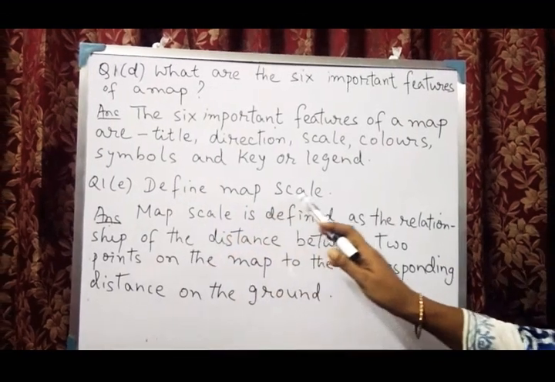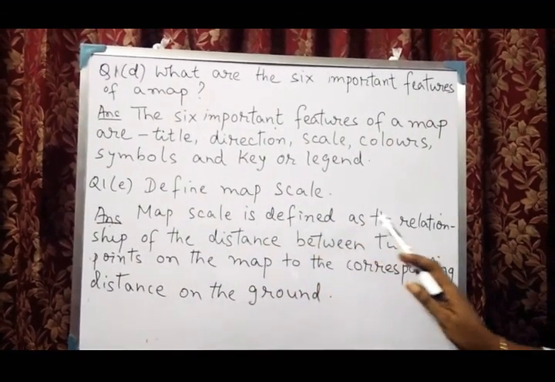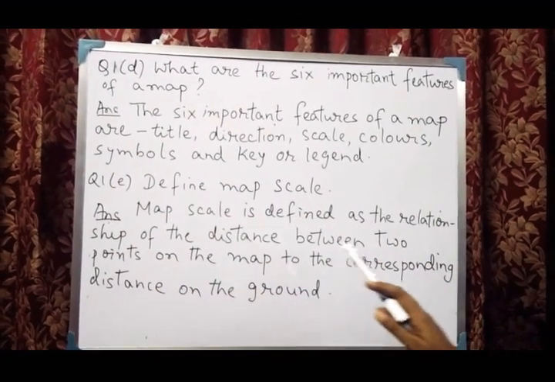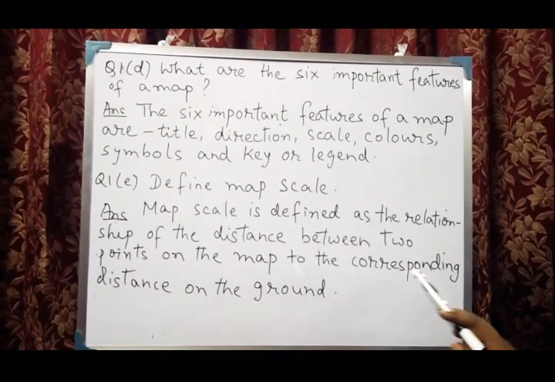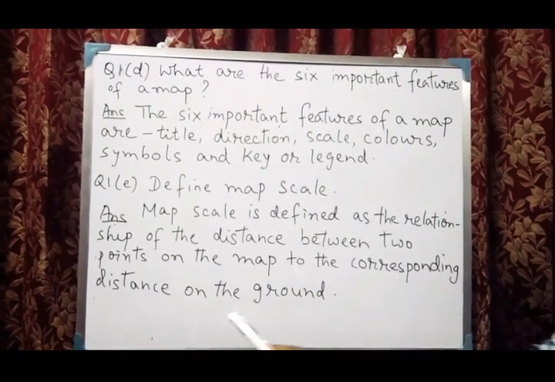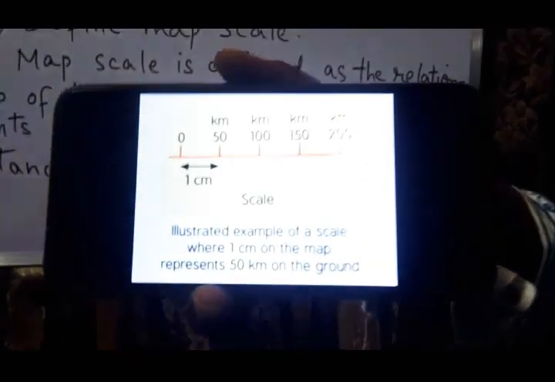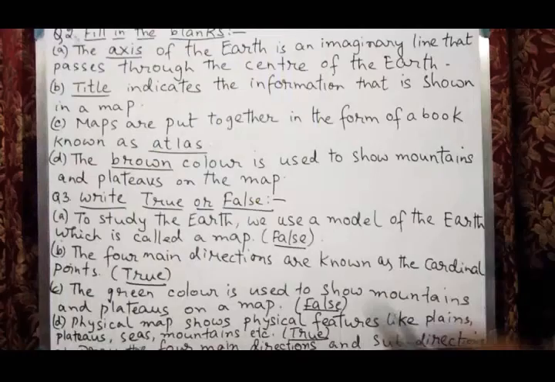Define map scale. Map scale is defined as the relationship of the distance between 2 points on the map to the corresponding distance on the ground. This is a map scale.